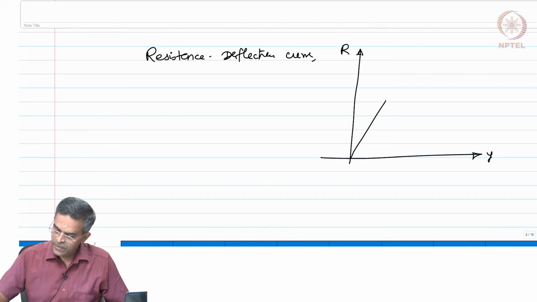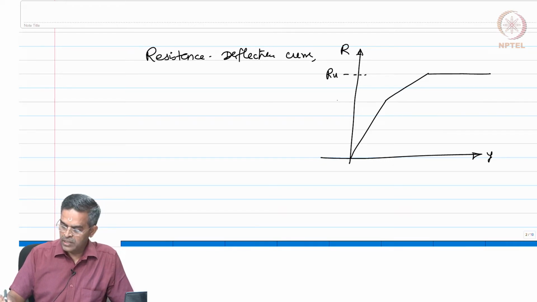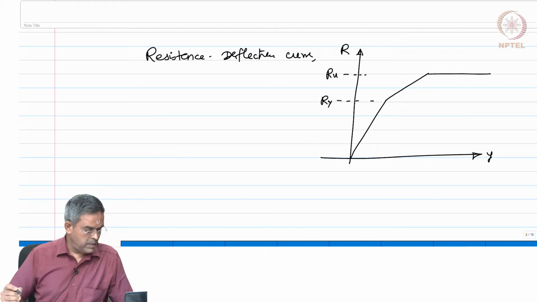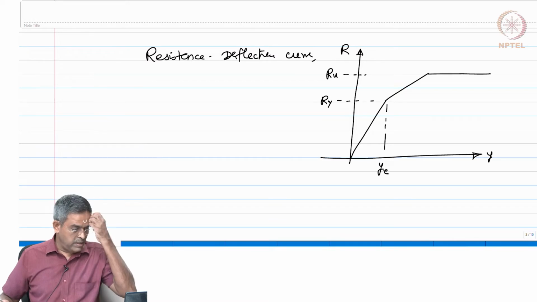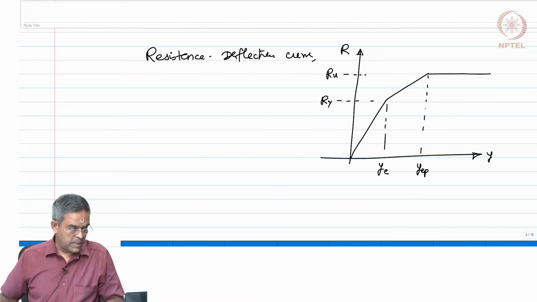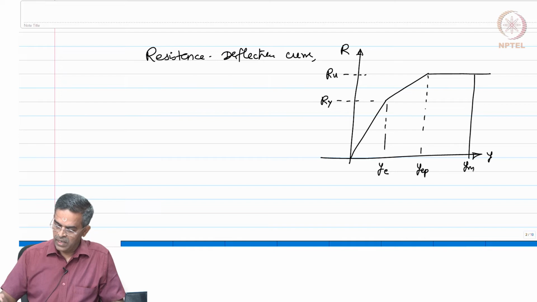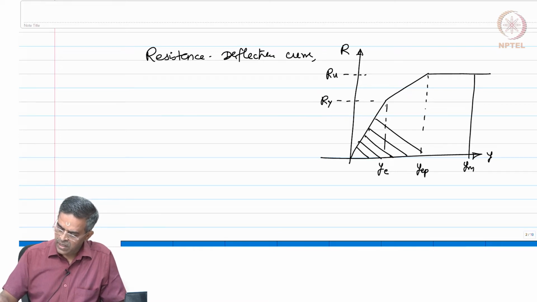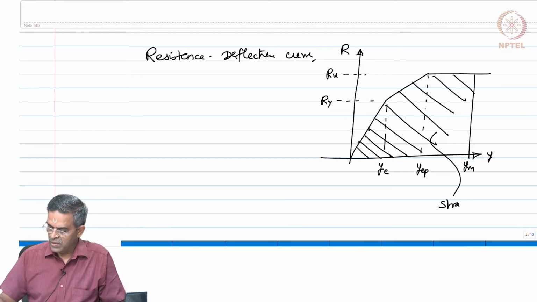We have already seen this becomes R ultimate and this becomes R yield, and of course this becomes my deflection at yield, and this becomes elastoplastic, and that becomes my maximum thing, and we already know the area of this curve under the x axis will give me the strain energy.